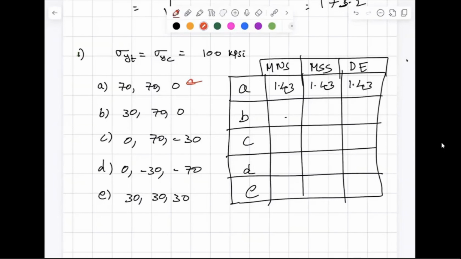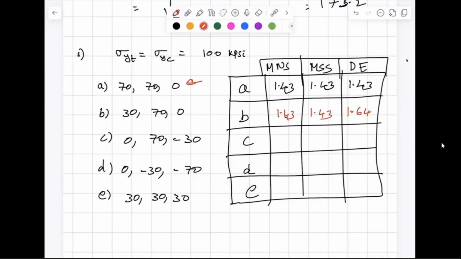Next, 30, 70, 0. Sir, 1.43, 1.43, 1.64, sir. 1.64 for distortion energy, and this is 1.43, yes? Yes.